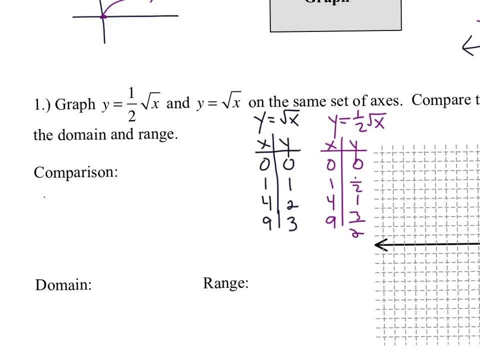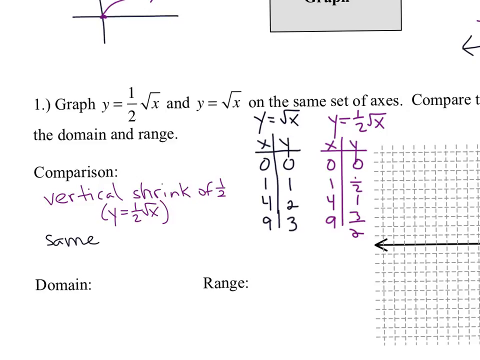So let's see. This is the comparison. It has a vertical shrink of 1/2. That was the y equals 1/2 square root of x. They have what we call the same locator point, which we'll talk a little bit about later.